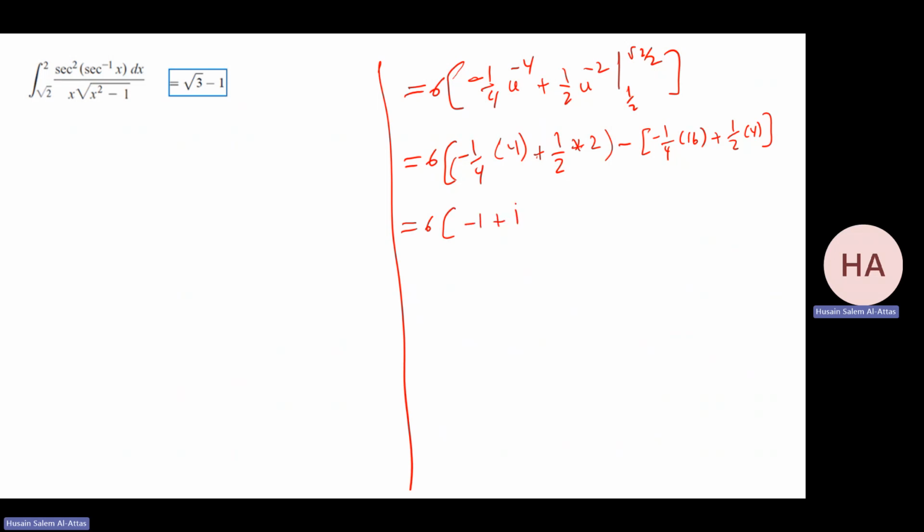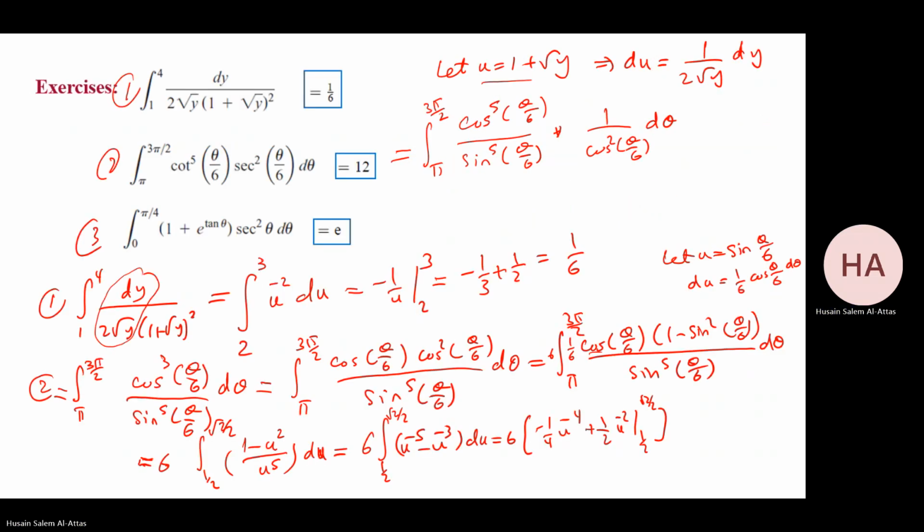That will be 6 times everything, minus 1 plus 1. Minus, okay, this will be what? 16 over 4 minus 4 plus 2. This is minus 2. So the answer is 12.